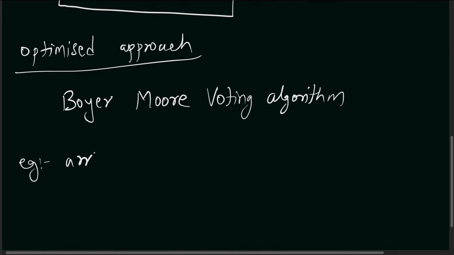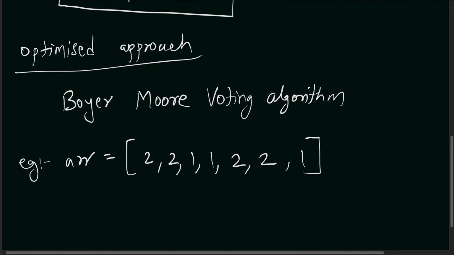Let's say the array given to us is 2, 2, 1, 1, 2, 2, 1. Now let me do the indexing quickly: 0, 1, 2, 3, 4, 5, 6.